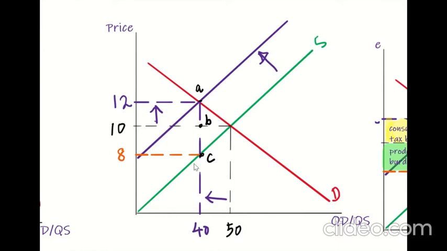As you can see here, we already identified the new equilibrium price of 12. Now look at the purple dotted line where it intersects with the original supply curve. Therefore, it's intersecting at a price of 8.